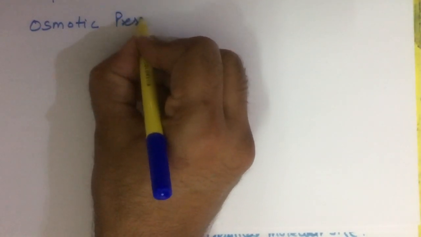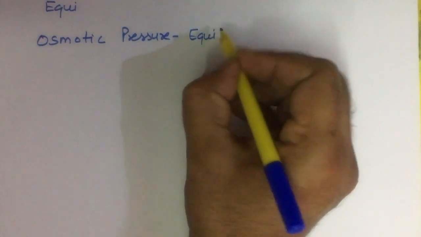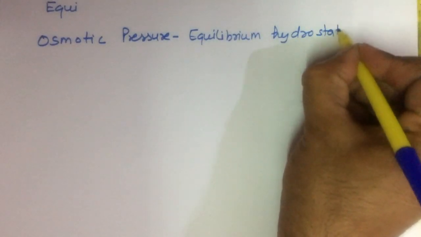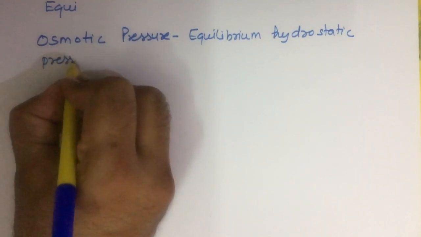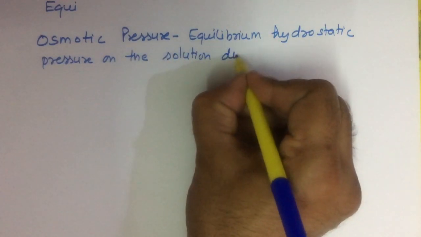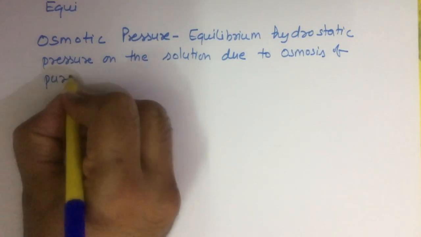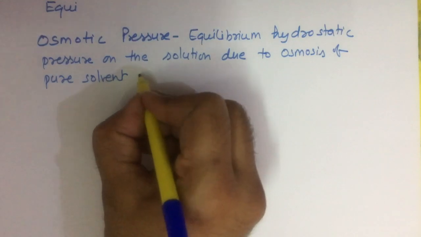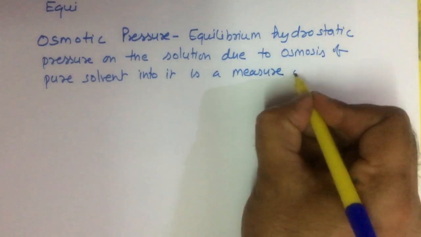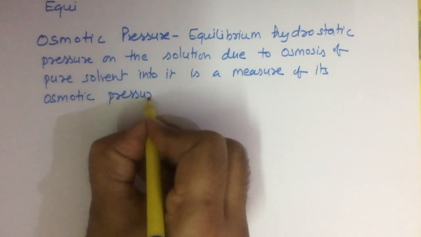Osmotic pressure is the equilibrium hydrostatic pressure on the solution due to osmosis of pure solvent into it, a measure of its osmotic pressure.